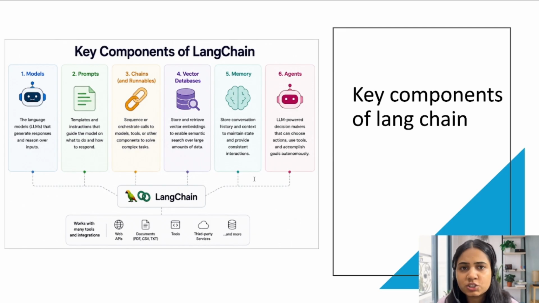If we want a JSON format or XML format, we have to provide a proper prompt to the LLM, so it will understand what kind of output we need. What kind of response we want, we have to mention it. What kind of data we want, we have to write a proper prompt for that.